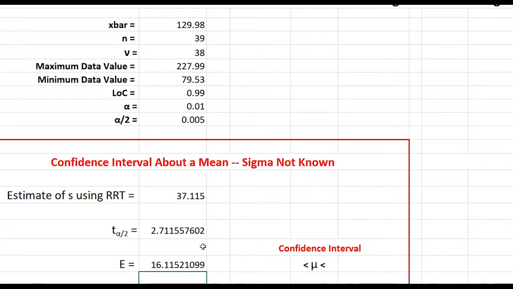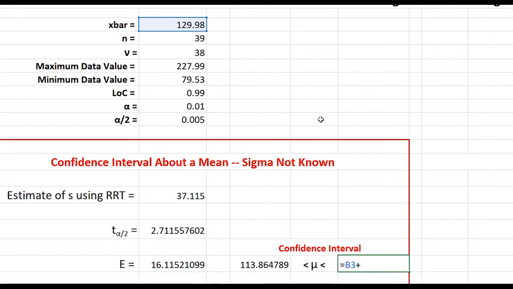It's really 16.115 to 1099, but who cares? All I do from here is I take my X bar value and I subtract E, that goes on the left side, and X bar value plus E, that goes on the right hand side.